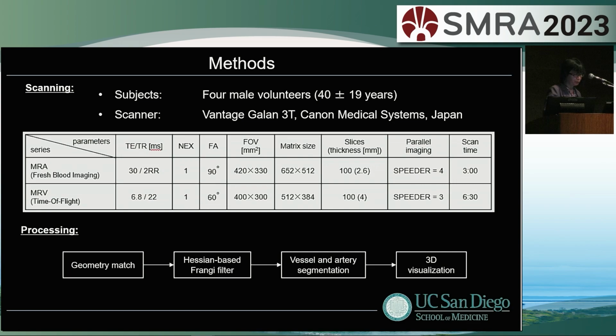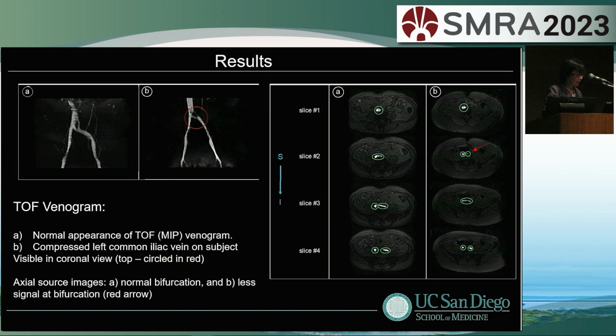Image volumes were geometrically matched, filtered with a filter aligned with the booster contrast for vessel-sized structures, and then 3D visualized. On the left are time of flight coronal images of a normal-appearing subject and an irregular-appearing subject.